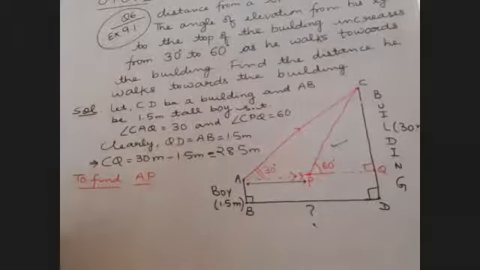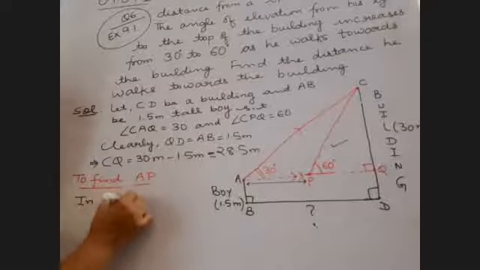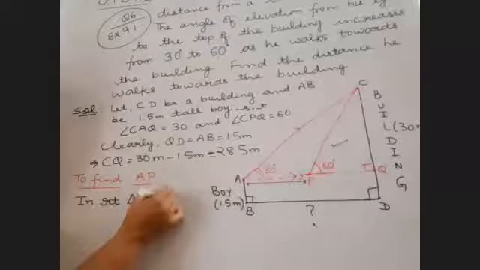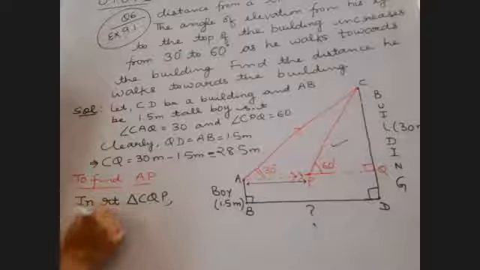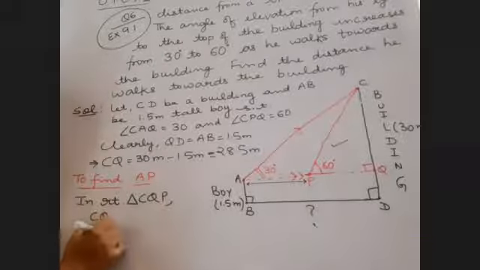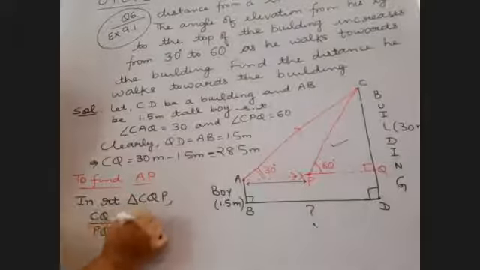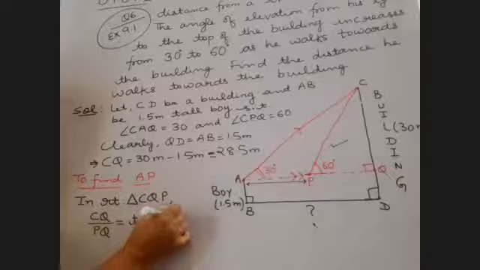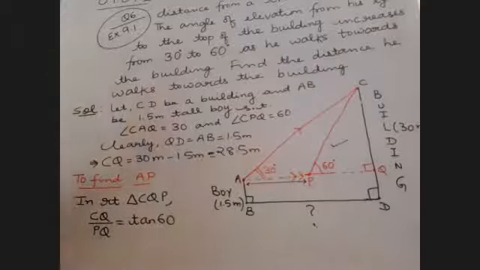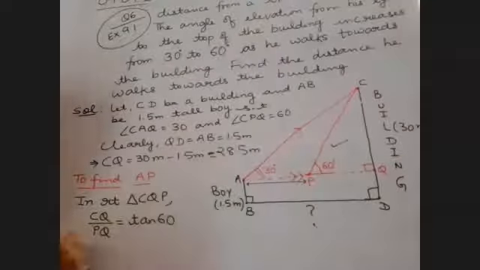So let us first take triangle CPQ. In right triangle CQP, CQ upon PQ is equal to tan 60. Right, beta?